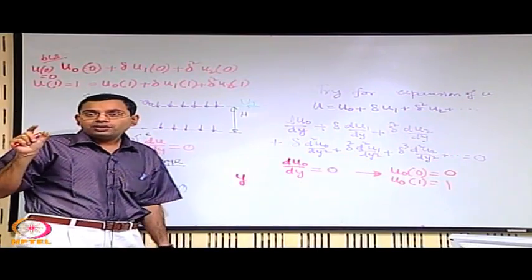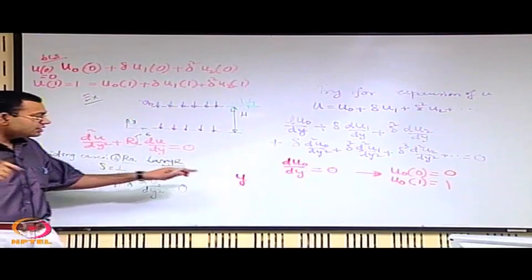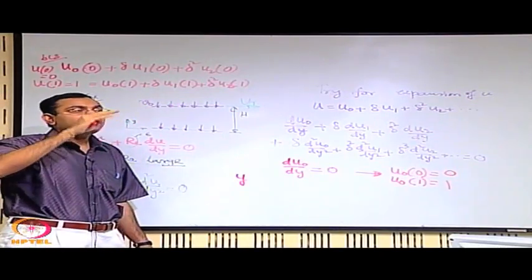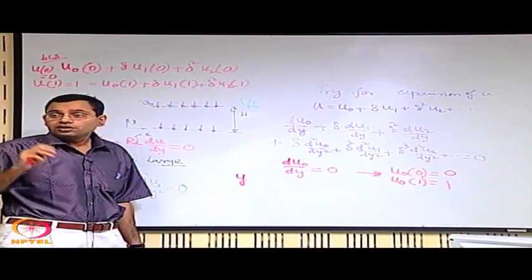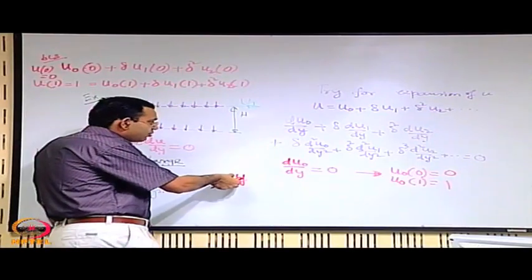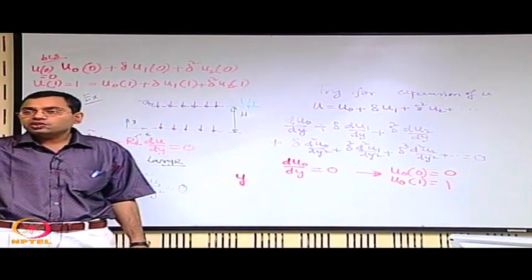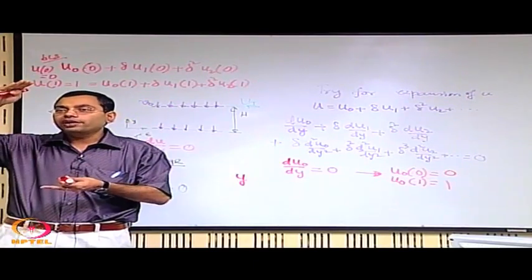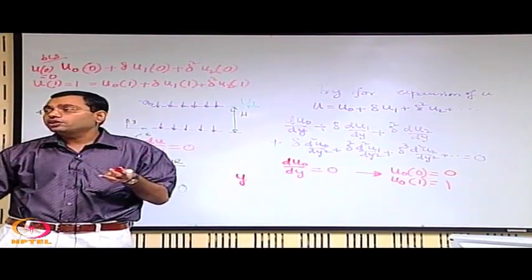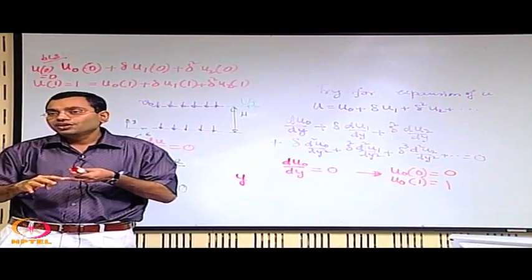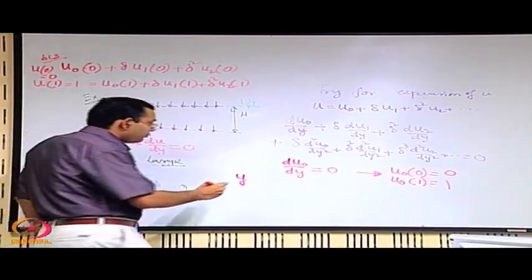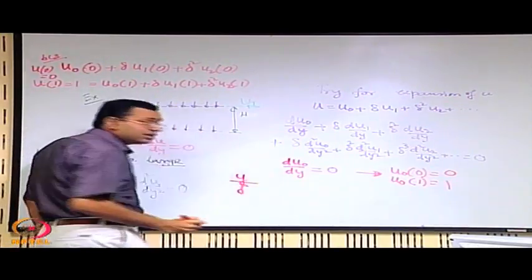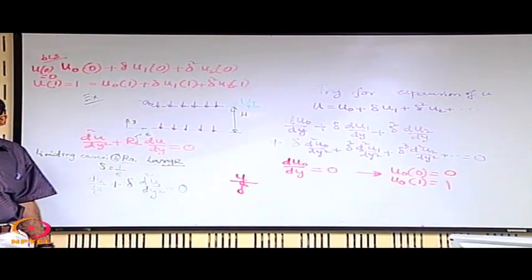Since it is thin, you have to apply a magnification factor to it. Say y has a range within the boundary layer from 0 to a very small number, so small compared to your flow domain that it does not come within your resolution. So you may apply a magnification factor, and a natural magnification factor is 1 by delta. Okay.